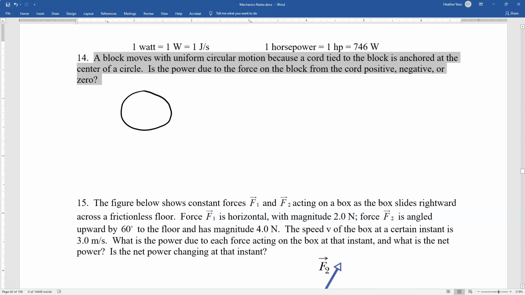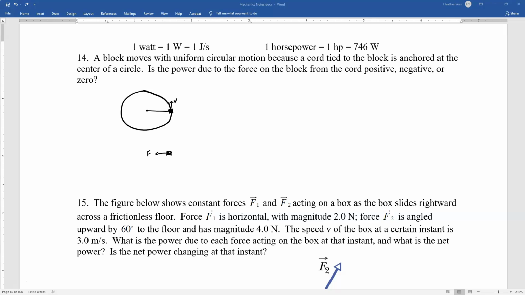So I have a circle, a little bit badly drawn. You guys have seen worse. I have a block that is on that circle. So there's my block. And there is a cord that is anchored to the middle that is exerting a force on that block. So on that block, I have a force pulling in towards the center.